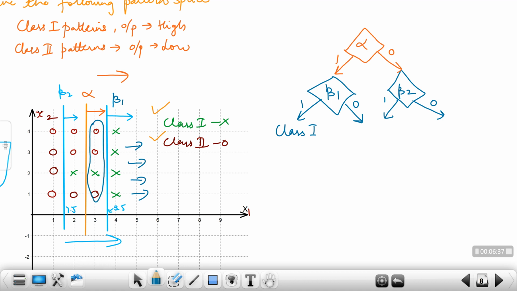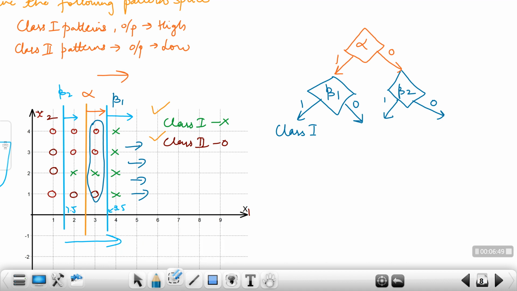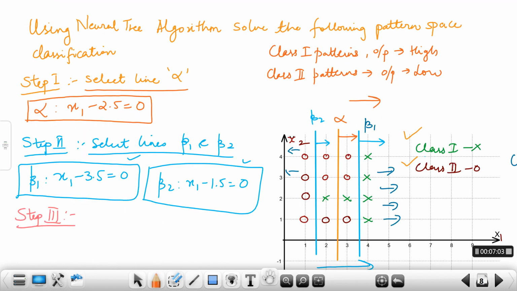We have this region which is misclassified. So I would require another node at this particular point. Similarly, for beta 2, if I go on the positive side, this region is misclassified, and if you go on the negative side, this region is completely classified, so it belongs to class 2. Okay, so now we move on further.